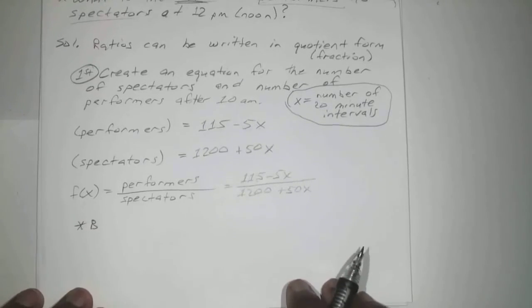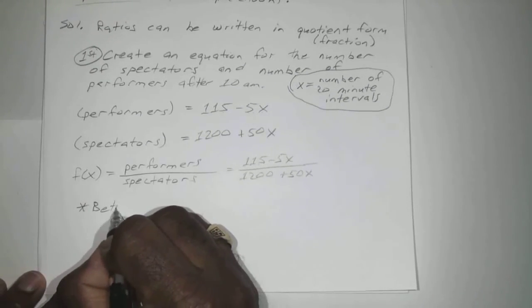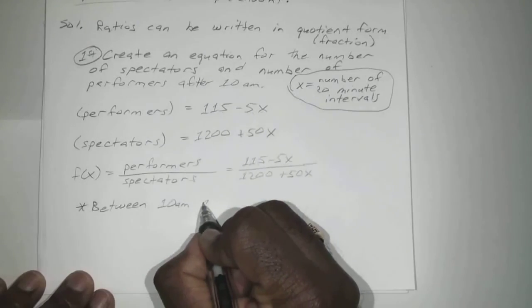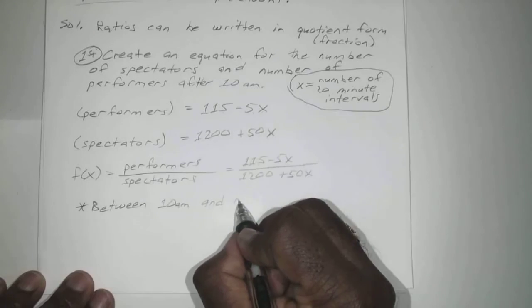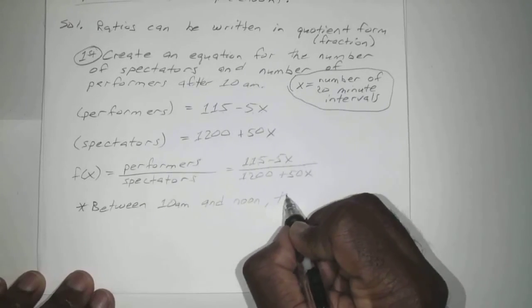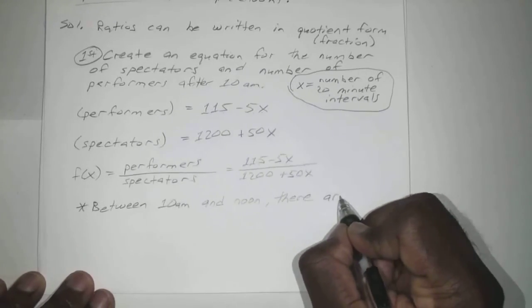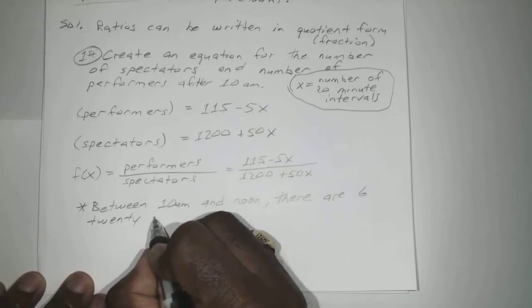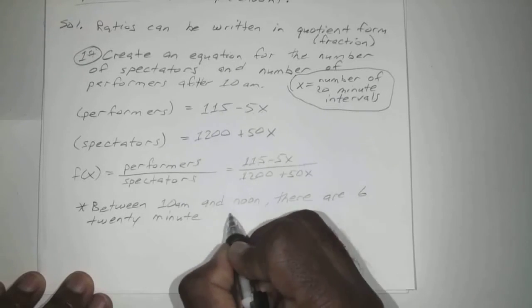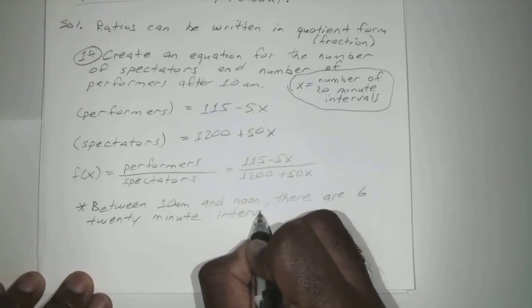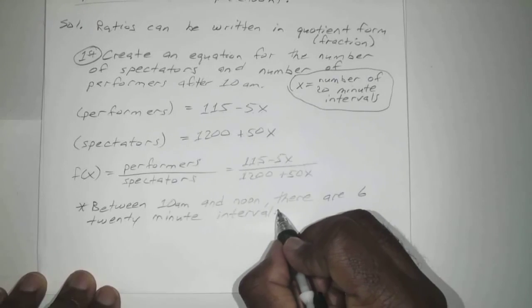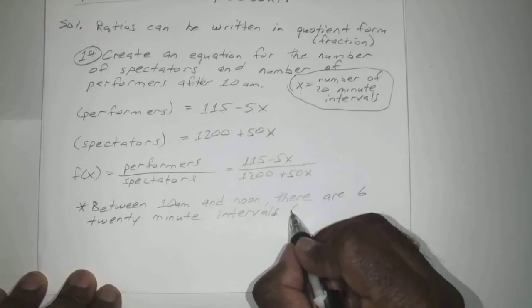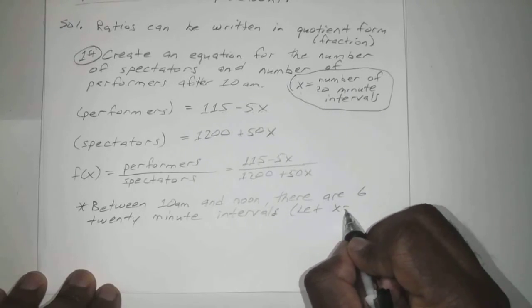So between 10 a.m. and noon, there are 6 20-minute intervals, which gives us our x. So that's just a fancy way of saying let x equal 6.